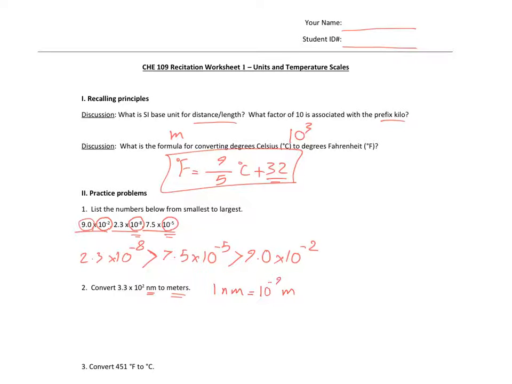When you have an equality and you want to convert it, you should use a conversion factor. From this equality we can get 2 conversion factors. Since these 2 are equal, if you divide them, that makes it 1, right? So we can have this conversion factor.